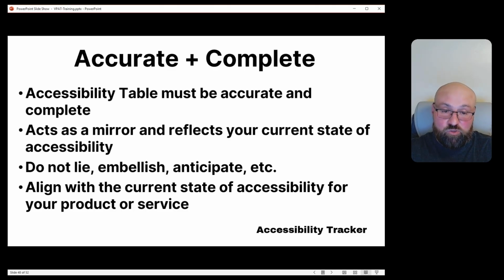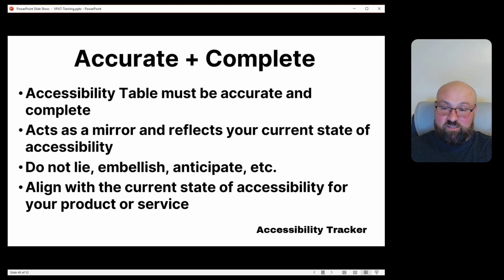So again, do not think about, well, we're going to release this change and that's going to be completely different. So we may as well just mark conformant or supports here because we're in good shape. And when I say mark conformant, I just mean think of this as conformant and then mark as supports. No, you want to make sure that you mirror your state of accessibility.